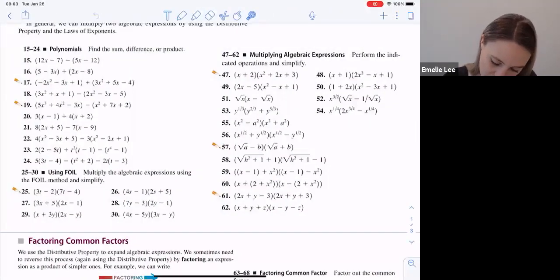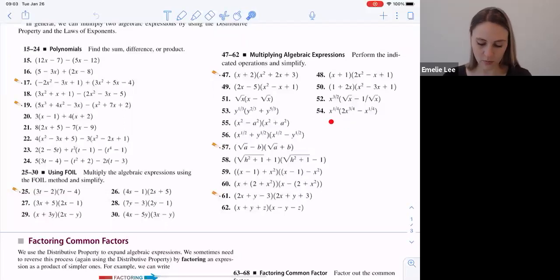The one I was looking at was 54, where we have to expand this thing. If we have to multiply, then we're expanding this thing, and we're trying to get rid of all those brackets. The reason I picked this one is because we've got these fractions in the exponents, right?